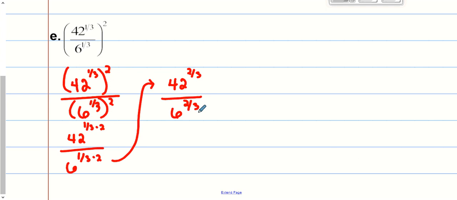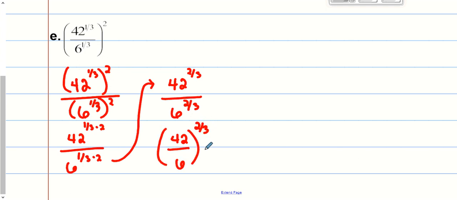Now, something that we could have looked at the very beginning was, okay, if I have the same power on both of these, 42 to the 2/3, 6 to the 2/3, basically I can work backwards with that and put 42 over 6 all to the 2/3.